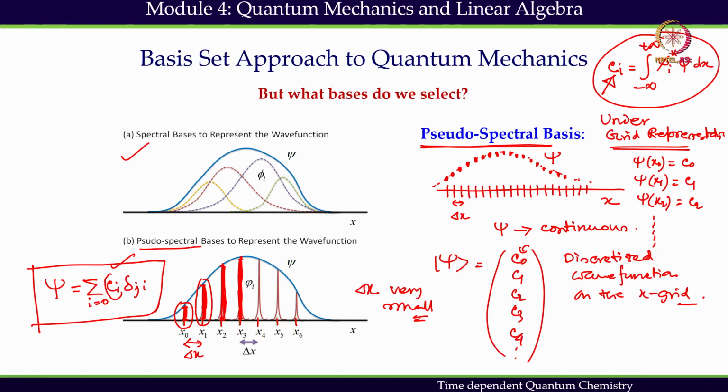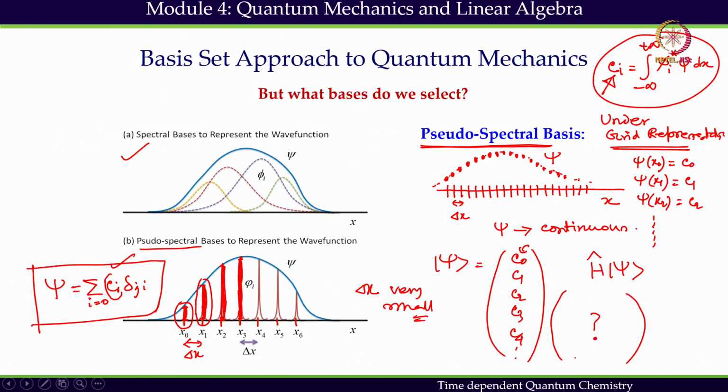In the grid representation, if the wave function looks like this, then we have to remember that in the end I have to employ the Hamiltonian operator on the psi. So, what would be the matrix representation, under grid representation, of this Hamiltonian operator which will be acting on this wave function psi? That is the next question we have.